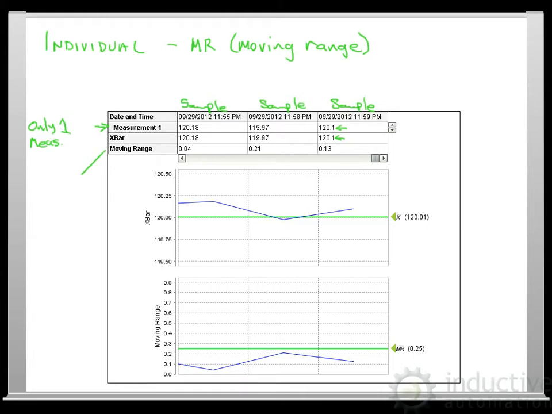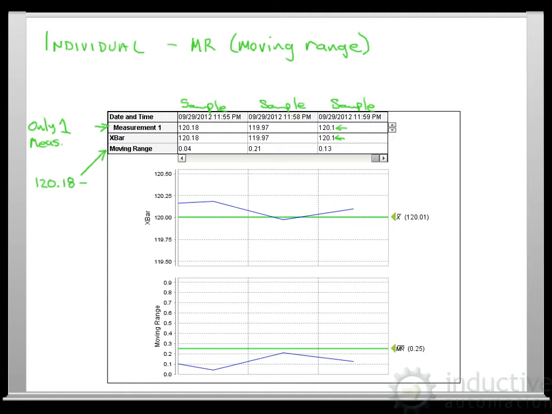To calculate the moving range, we take our first sample, which is not shown, it's off on the left because we see the scroll bar here and we can scroll left. We take the first sample and subtract the second sample, and that would be our range. And then we just keep going forward. So in this case, we have 120.18.